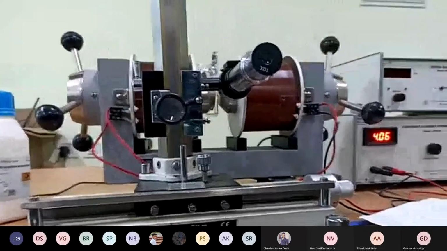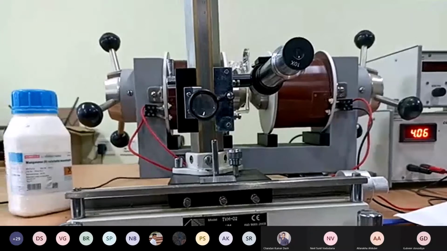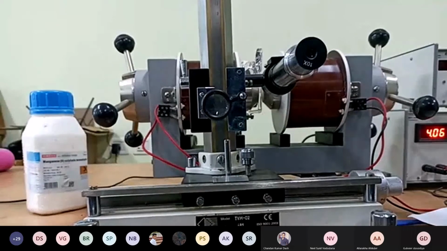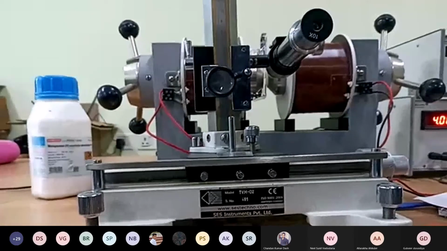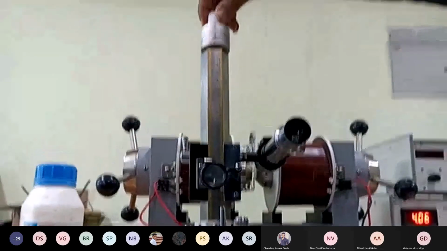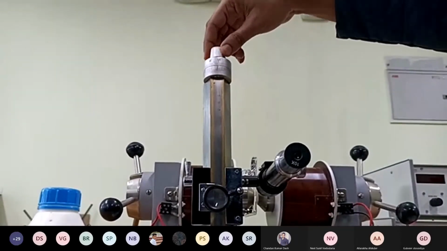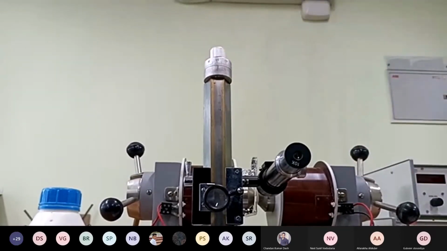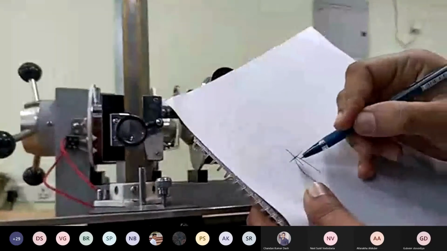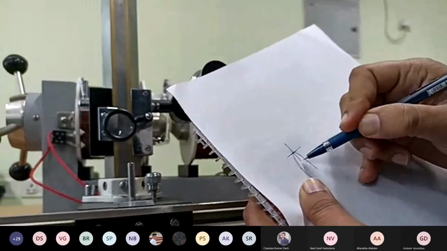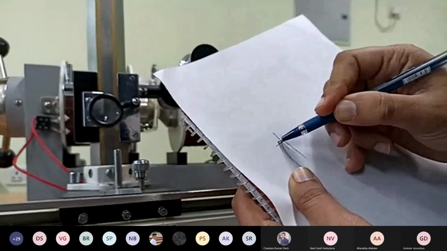Now the height has changed as we increase the current. So what we have to do is adjust the height with the help of this microscope, this traveling scale. We'll rotate it, and suppose initially it was in that position, now it has increased to this.